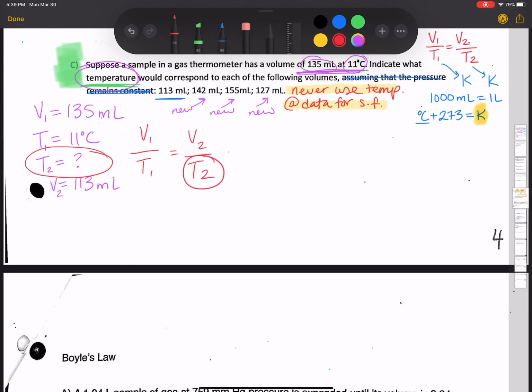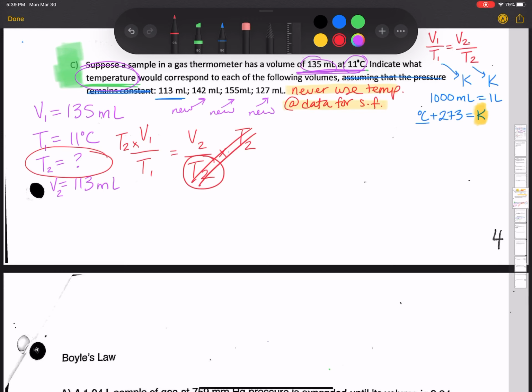This is going to take a little bit longer because you're trying to get it out of the denominator before you can get it completely isolated and alone. So remember, you have V2 divided by T2, and T2 is in the denominator, so I actually want to get it out of the denominator first. So I'm going to multiply by T2 on both sides. And now what I've done is I've gotten rid of T2 on this side, which is what I wanted.